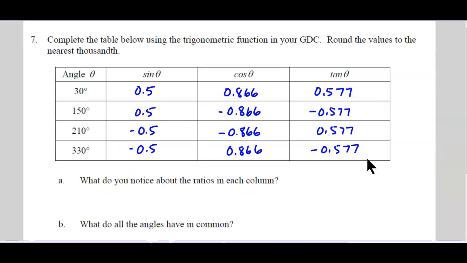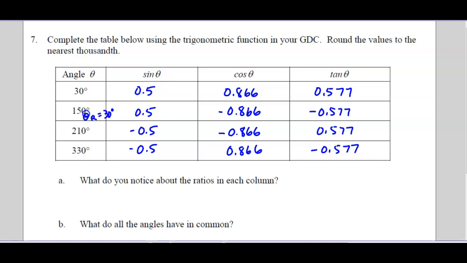Okay, so you should have found those values. Within each column, the absolute values are equal, right? So if you were to make all of them positive, they'd all be the same. Take a look at these angles here. So this is 30 degrees in quadrant 1. 150 is in quadrant 2 with a reference angle of 30 degrees.